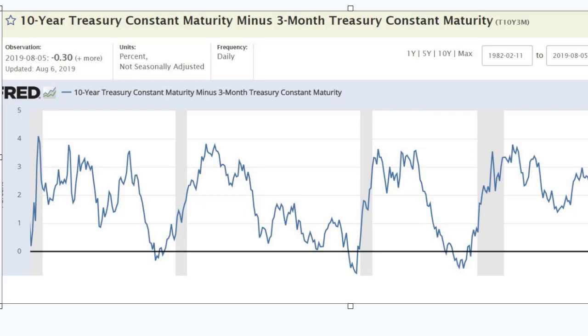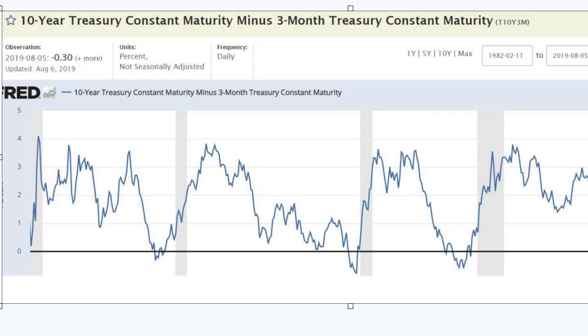When we go below 0 on this chart, the black line, it means that the short-term 3-month is actually paying more than the 10-year, which is kind of odd. What that usually means economically, and I always say you're entitled to your own opinions, you're sort of entitled to your own interpretations of facts, but you're not entitled to your own facts.